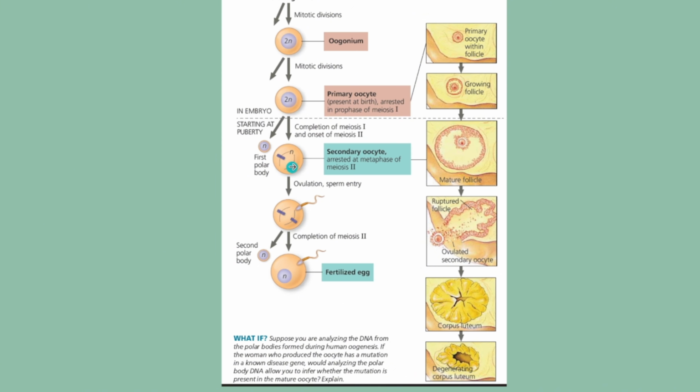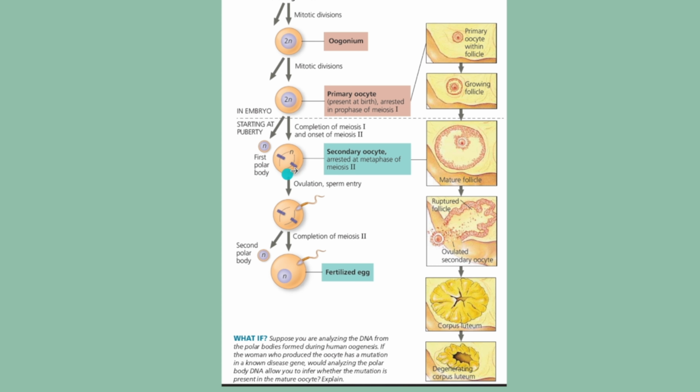Your secondary oocyte is released from the ovary through the ovulation process, and it will reach the fallopian tube. Once there is a fertilization process, it will complete meiosis 2. If not, then the entire oogenesis will not be completed. They will stop, and this secondary oocyte will be released out from the female body. So every month you have the menstruation mechanism.